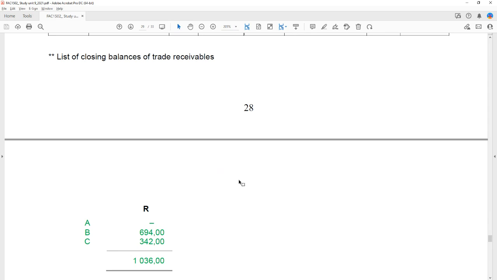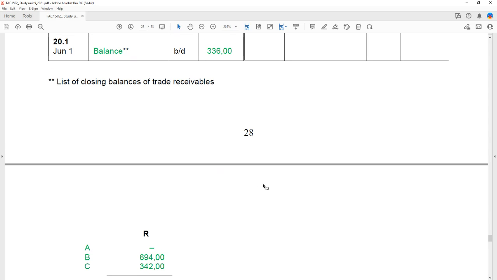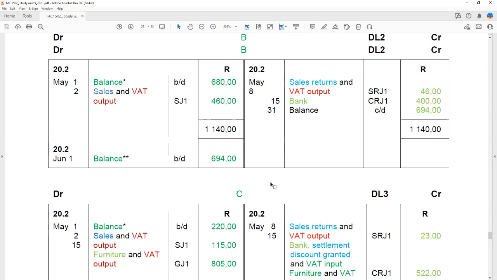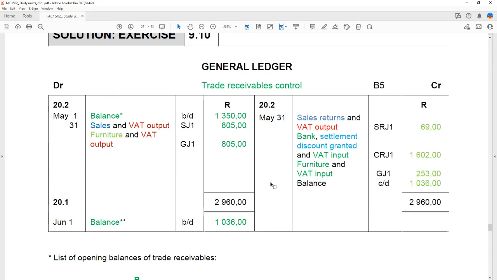So when we then add up our balances, remember I said in the beginning, in our trade receivables ledger, the total of all the balances there must be equal to my trade receivables control account. Now, when we look at our trade receivables control account at the end, it is 1036. So my balance brought down at the end of May, the beginning of June, is 1036.